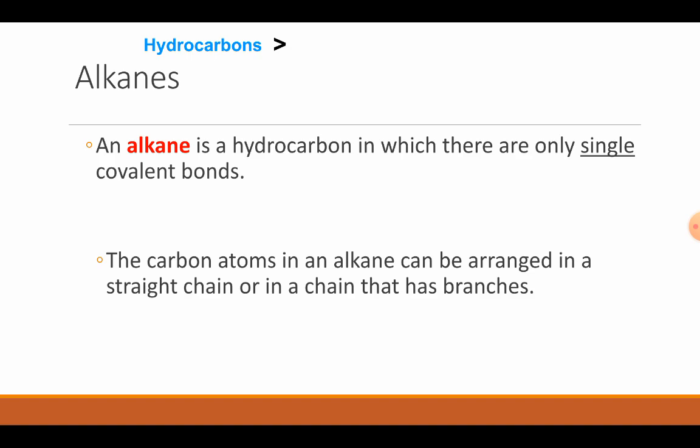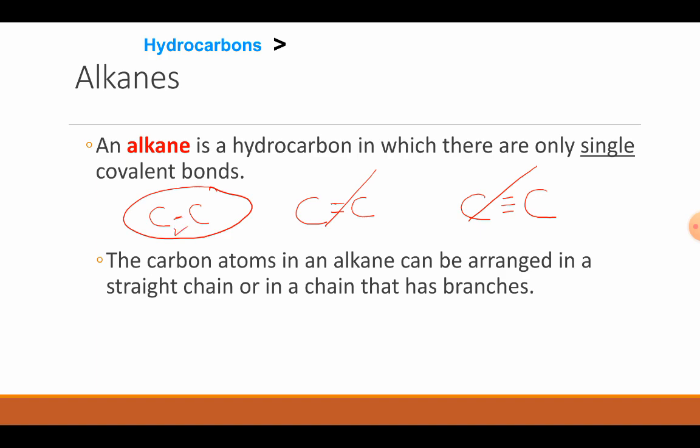As we learned before, carbon can make a single bond with another carbon, so it's an alkane. Maybe it makes a double bond, so it's an alkene. Maybe it makes 3 bonds with another carbon atom, so it's an alkyne. But today, inshallah, we will not talk about alkynes or alkenes. We will talk only about alkanes, the single bond.